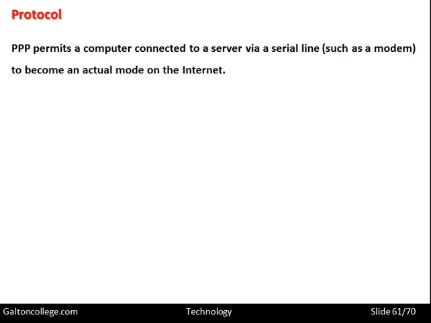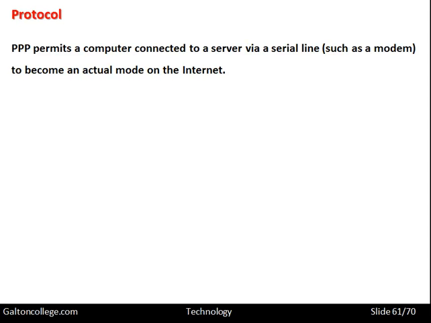PPP permits a computer connected to a server via a serial link, such as a modem, to become an actual node on the internet. So it opens up possibilities of using our computers as parts of the internet itself.